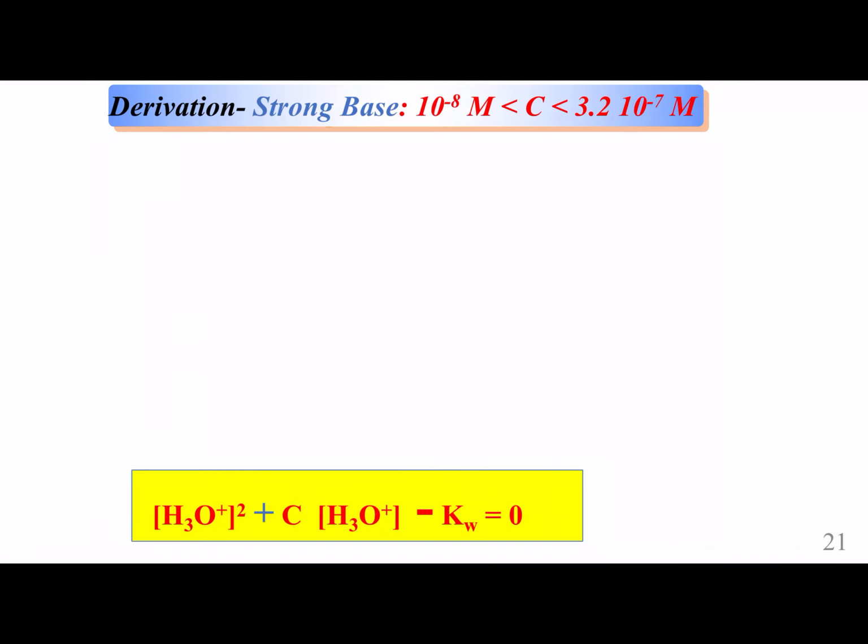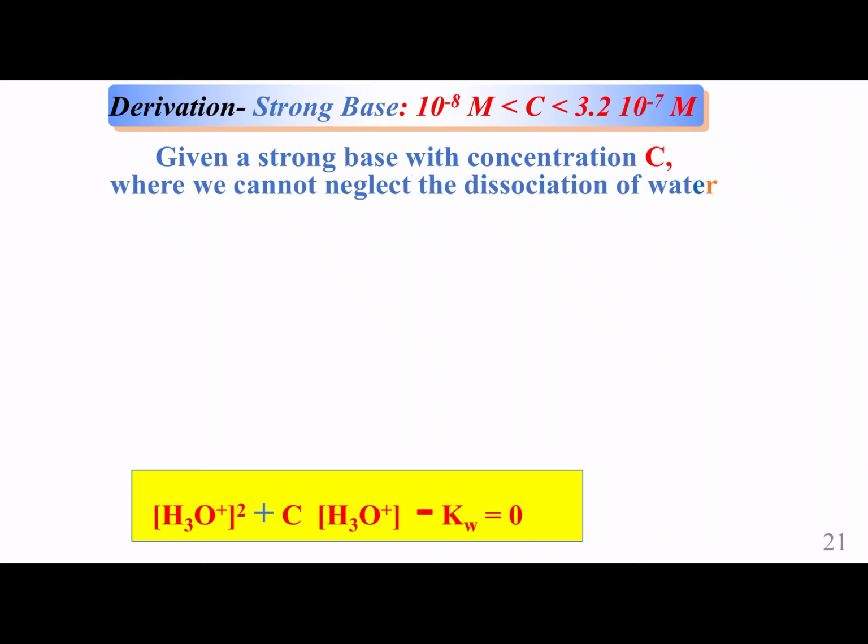Now, what about for strong bases? Within the same range of concentration as well, in this case, where the concentration of the base is greater than 10 to the minus 8, but less than 3.2 times 10 to the minus 7, that is when we have a strong base with concentration C and we cannot neglect the dissociation of water.